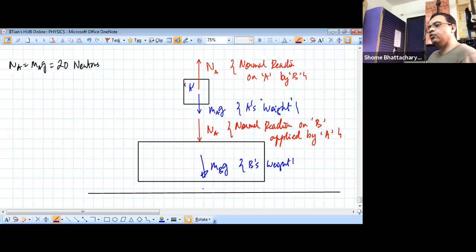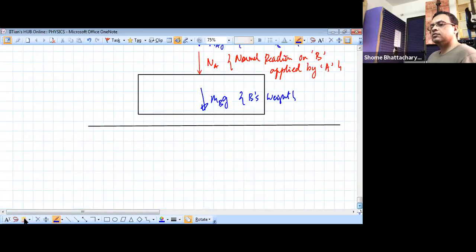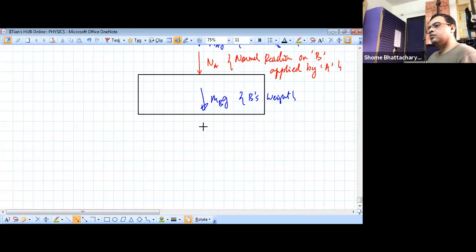And of course the floor will be applying an upward normal reaction on B, which will be like this now. This is the normal reaction on the block B applied by the floor.